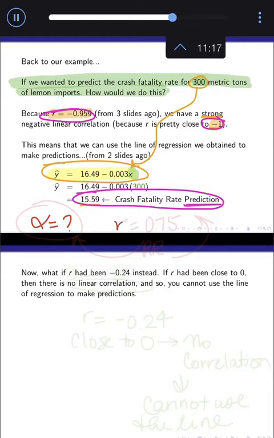So if you have a correlation of, let's say, 0.75, you may not be able to tell if you can use the line or not unless they give you an alpha to determine, like we did in 10.1, whether or not there is a linear correlation, either using a P or an alpha to create a rejection region. To determine if there is a linear correlation, then yay, use your line. If there's not, then you have to just average your Y values.